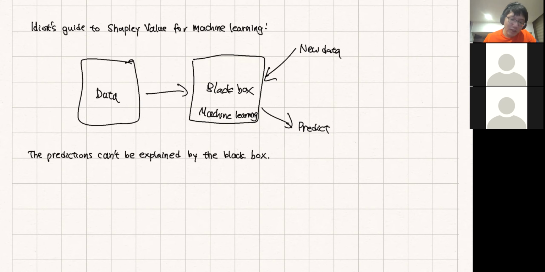All right. So from what I read, this is where Shapley values can come into play in terms of trying to explain why something happens, right? So Shapley values may be able to explain some of this.